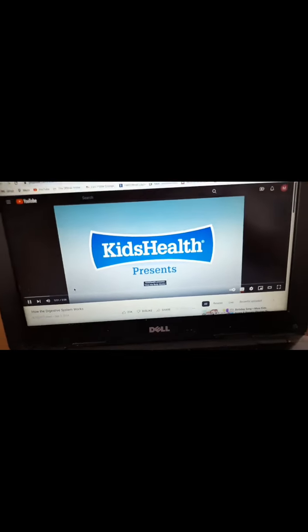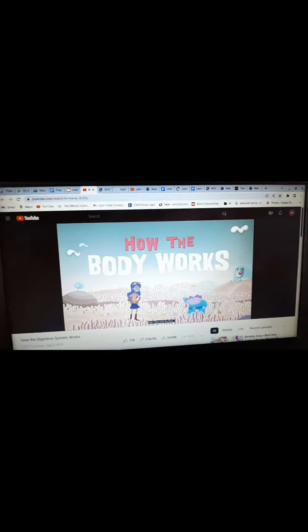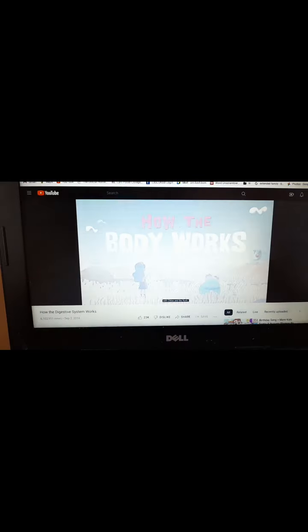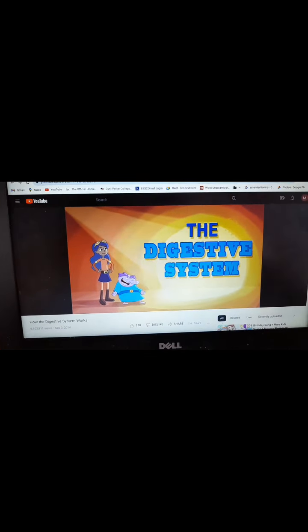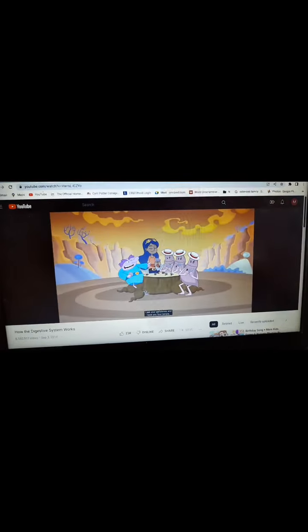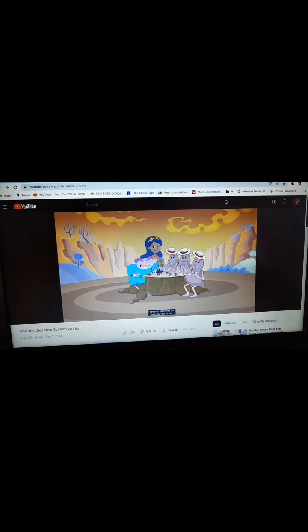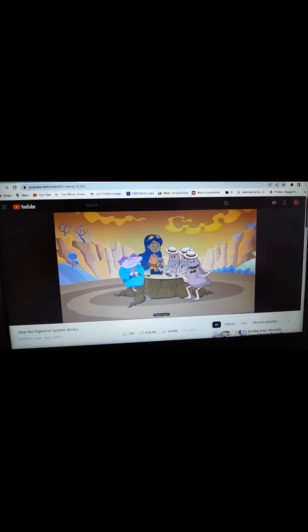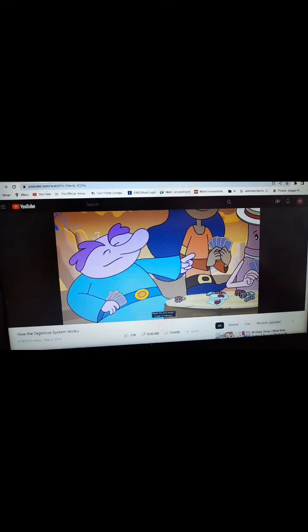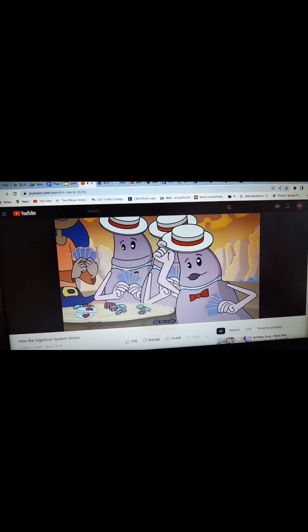Health presents How the Body Works with Chloe and the Nerve. I see your gallstones and raise you 4 tonsils. Cow, what you got? Read 'em and weep. A pair of kidneys. Well, filter my trash.